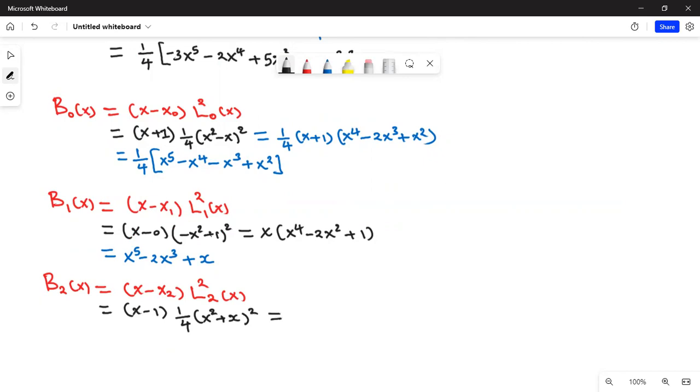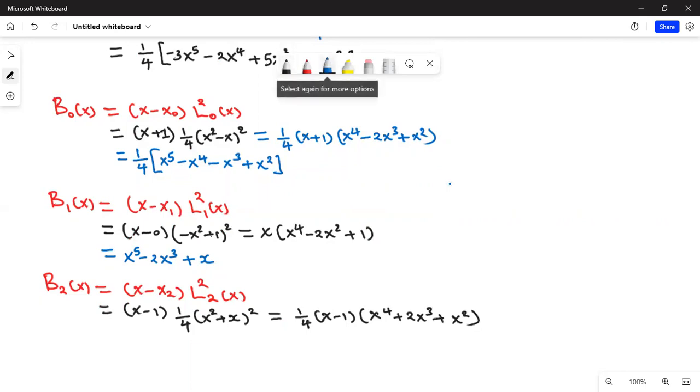If you work it out, you need to get 1 over 4 x minus 1 x raised to 4 plus 2x cubed plus x squared.